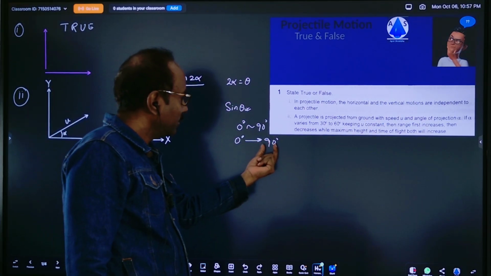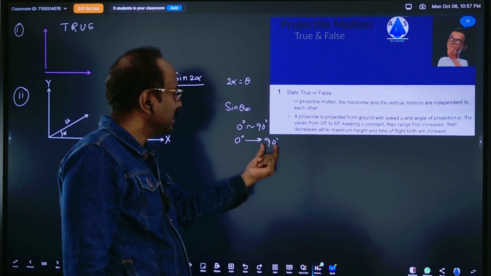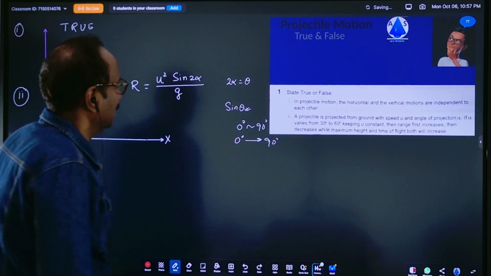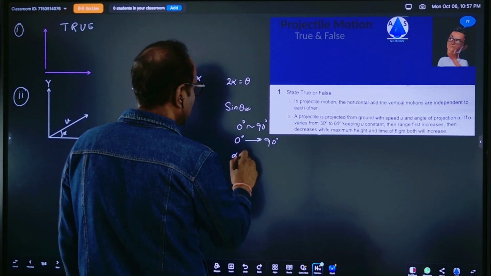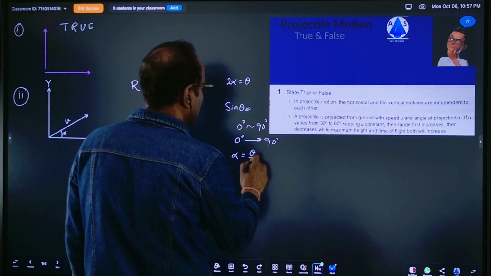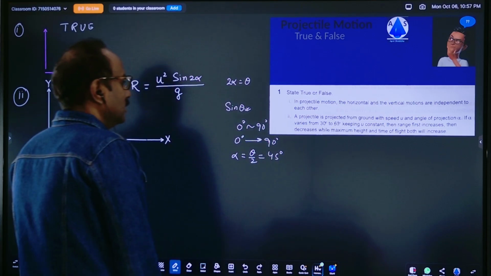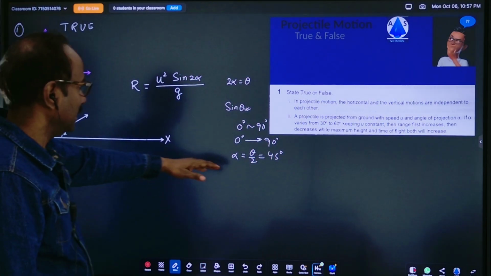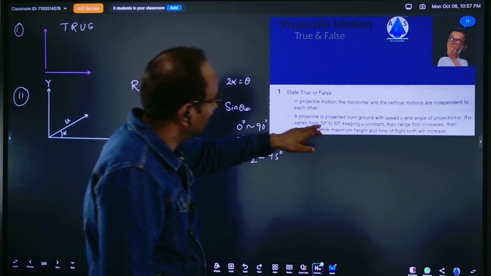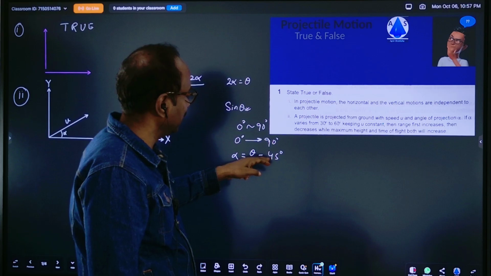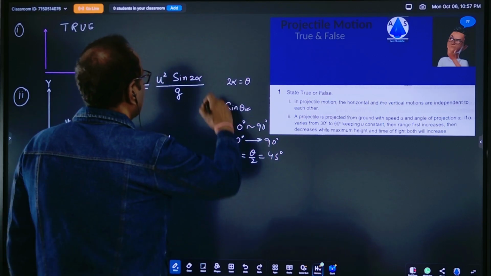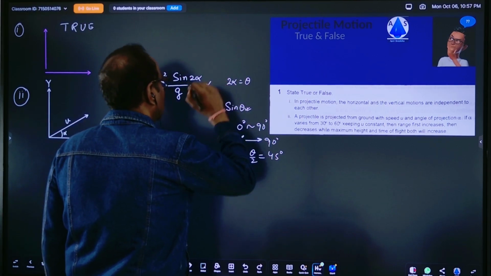But what will be the value of alpha when theta is 90 degree? So alpha will be theta by 2, that is 45 degree. So we can say comfortably that from 30 degree to 45 degree, the range will increase.